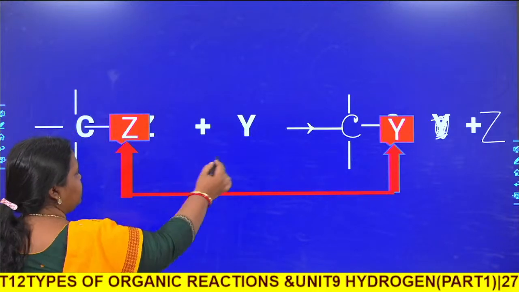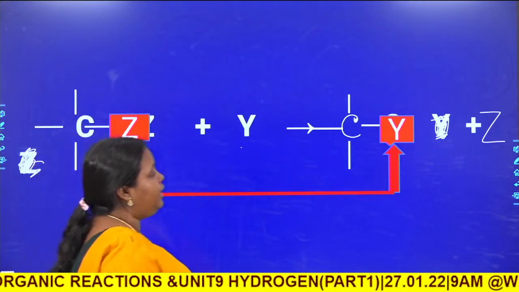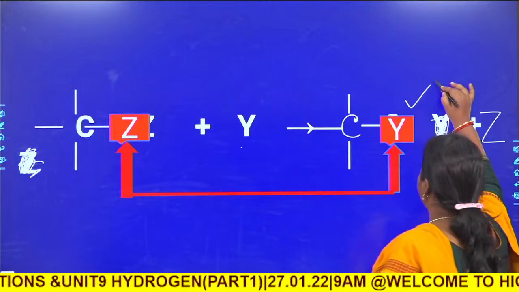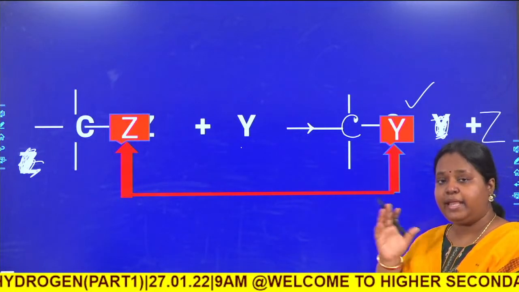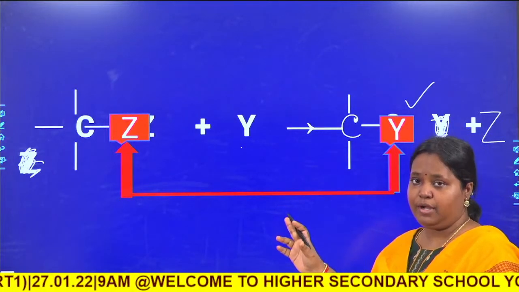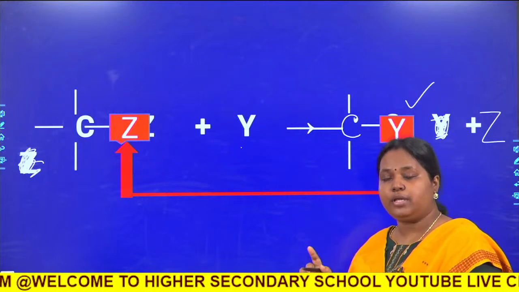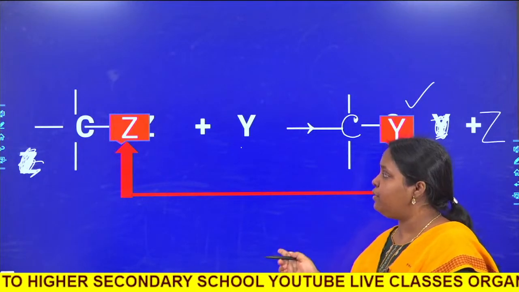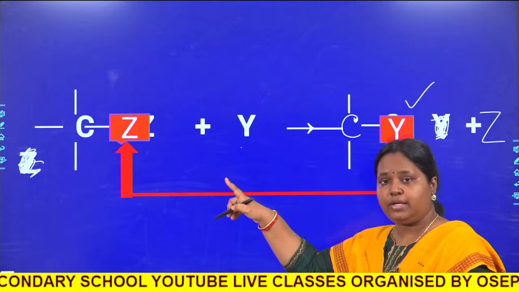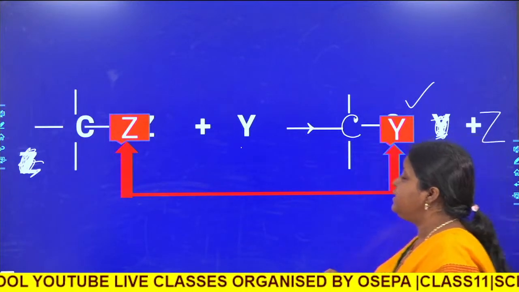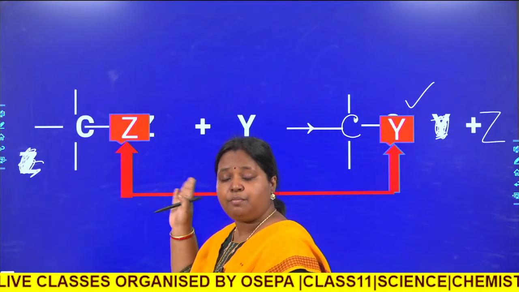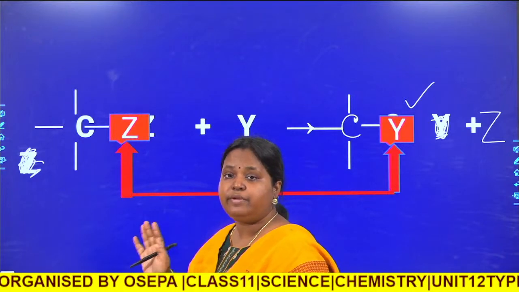Z is substituted by Y, and mark that the bond making and breaking takes place at the same carbon and the remaining part of the molecule remains unchanged. Only Z is replaced, and Y is attached. And this Z which leaves the molecule is called the leaving group.